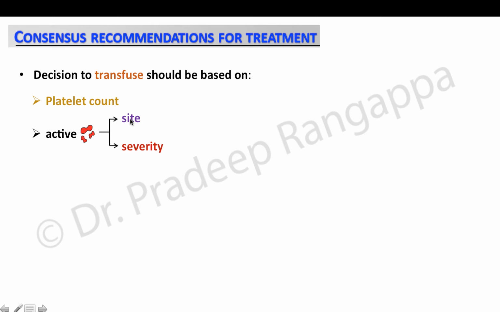And active bleeding, again, depends on the site and severity of bleeding. And etiology is important to determine whether we need to give platelets. And this is a question that we need to ask, whether there is a bleeding risk or a prothrombotic state. Because if you are dealing with a patient who is at risk for a prothrombotic state, then obviously you should not be giving platelets, rather you should be considering anticoagulation.